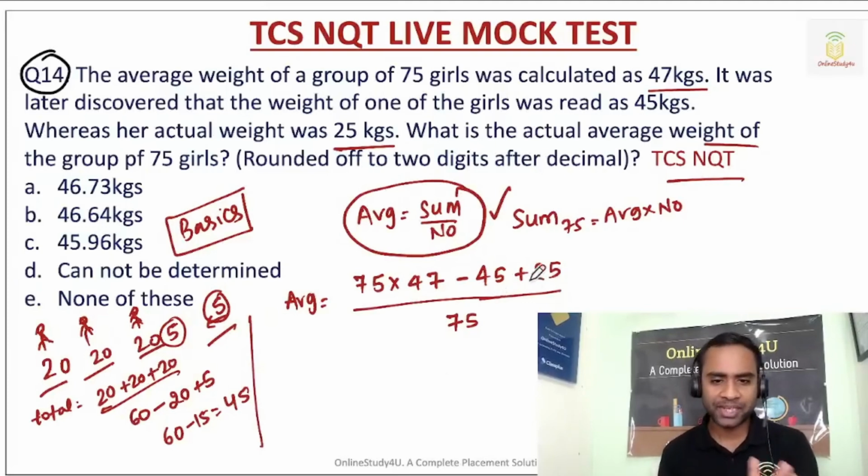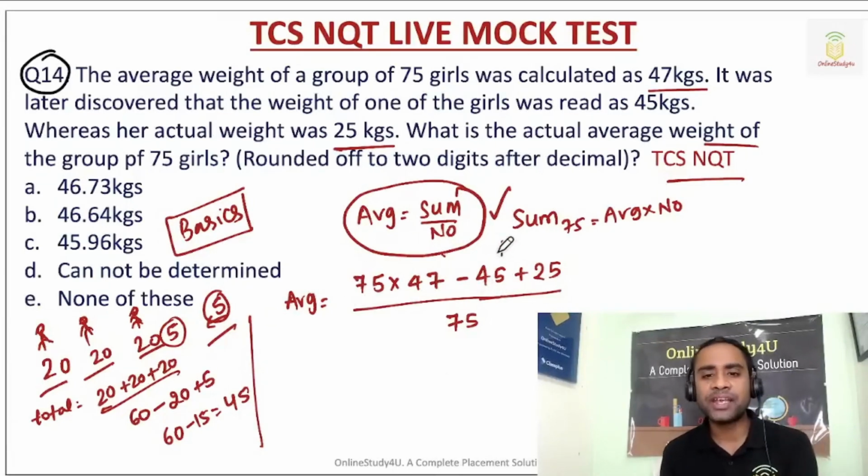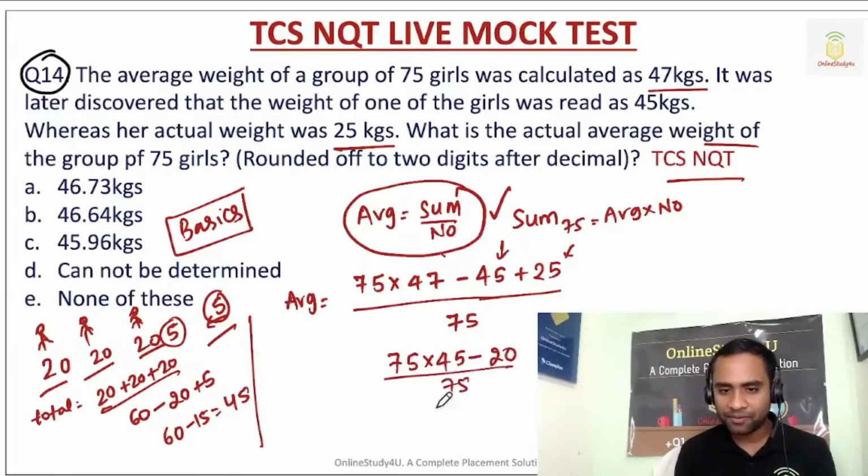Same thing I did. The total weight is this, which I had read wrongly; I subtracted it and then added her actual weight. You don't have to multiply. I can write it like this: 75 into 47 minus 45 plus 25, that is minus 20, divided by 75. Now we can write this as 75 into 47 divided by 75 minus 20 by 75.